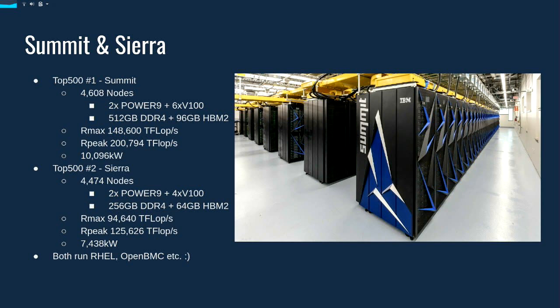The Summit system uses 2 Power 9s and 6 NVIDIA V100s per node. Sierra uses 2 Power 9s and 4 V100s with different memory configurations and so forth, but pretty quick computers. But again, an entirely open source software stack on these particular systems.